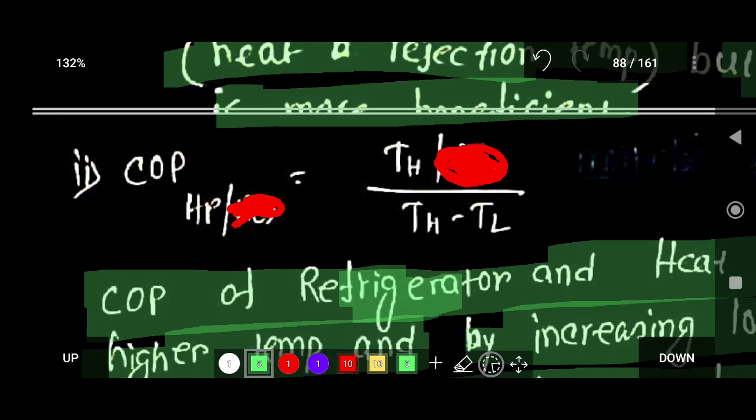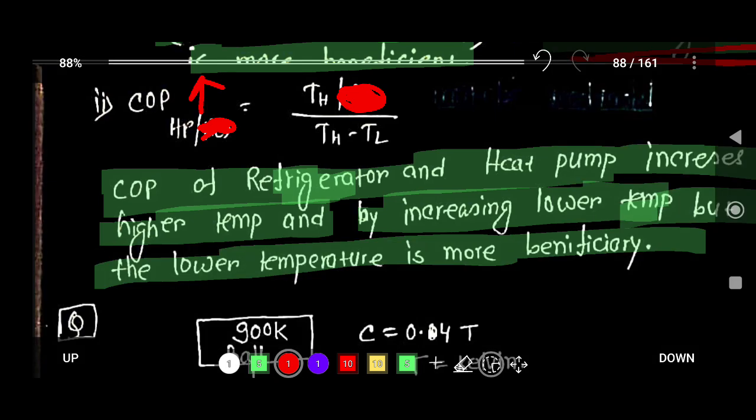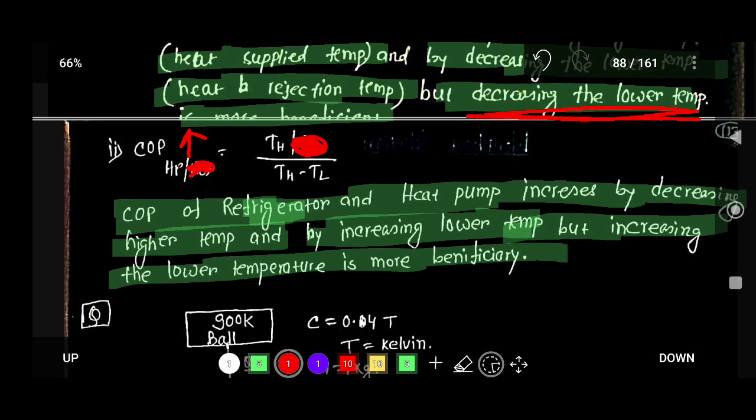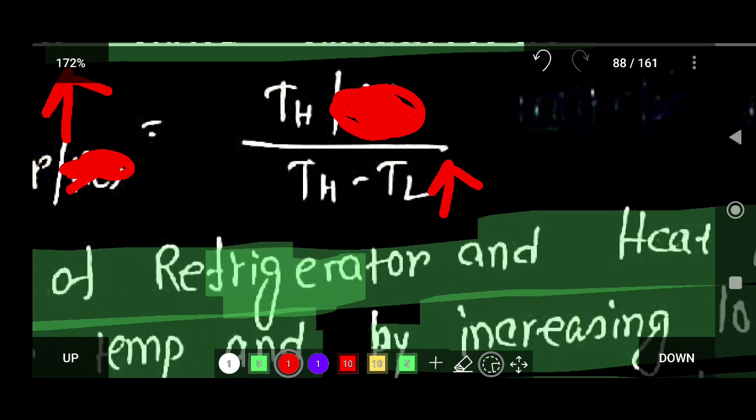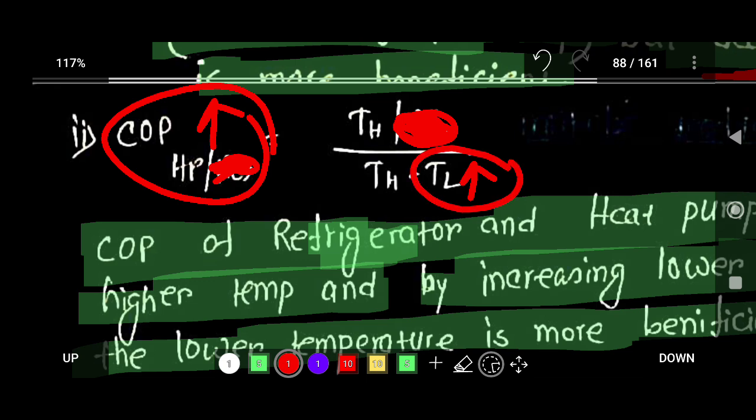So if you want to increase the heat pump COP, then increase TL, the lower temperature. For a heat pump, if you increase the lower temperature, then the COP will increase.